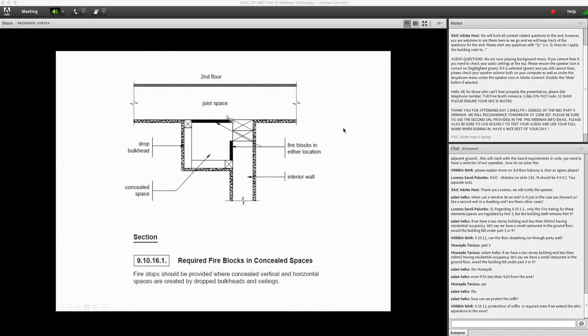In this second example too, we have a vertical concealed space. So we fire block this vertical concealed space from that concealed space, and then we also fire block the joist space, which is also a concealed space, from the horizontal and vertical concealed space below.